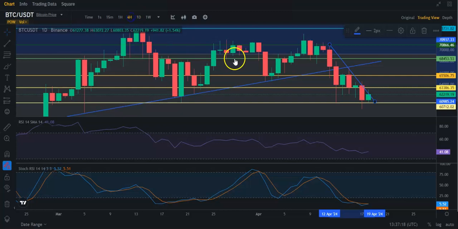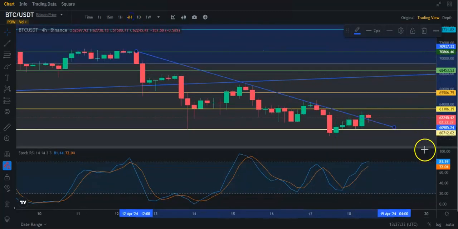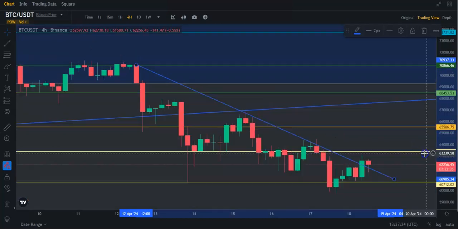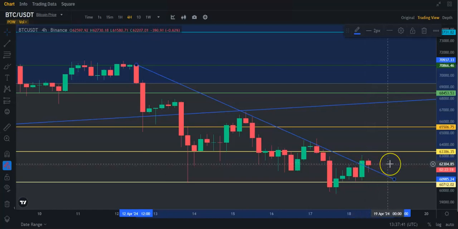If we go to the 4-hour chart, this is where I drew this trend line. And it does appear we have broken out. As you can see, today it looks like we got support off this trend line.